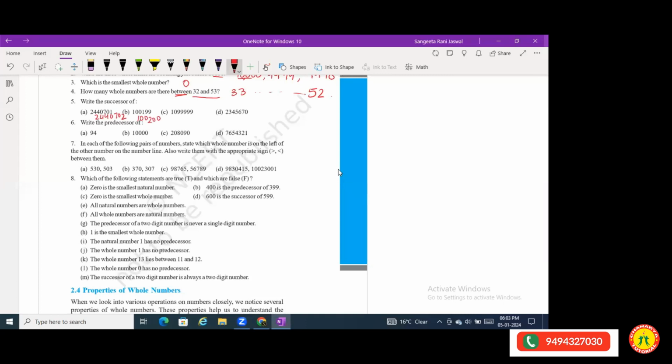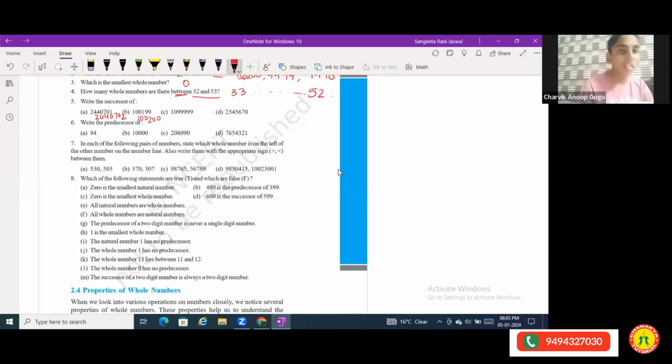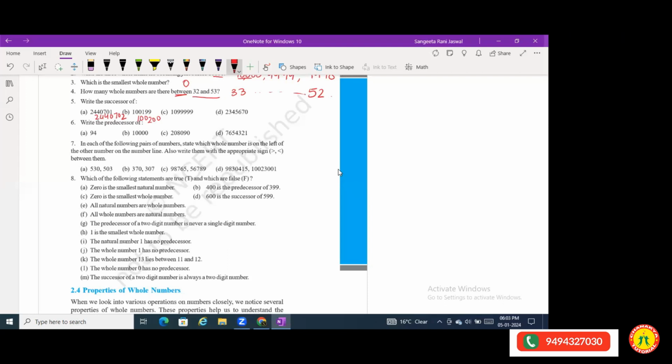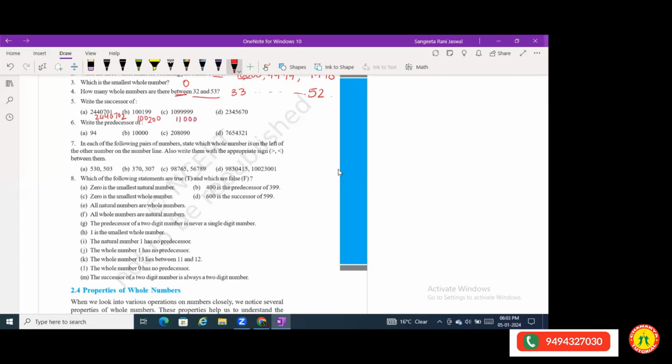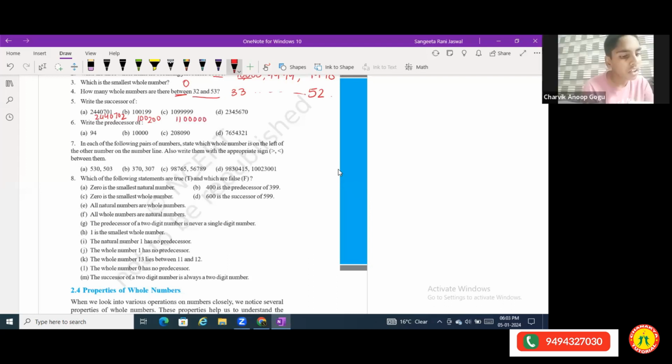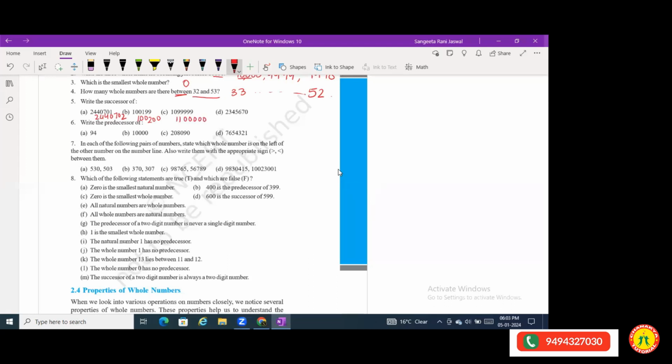Charvik, you tell me the next answer, and you have to tell me whether I've written it correctly or not. Ma'am, 11 lakhs. Okay. So how many zeros do I need here? Ma'am, you need to keep 5 zeros. Yes. Okay. Who's the next?